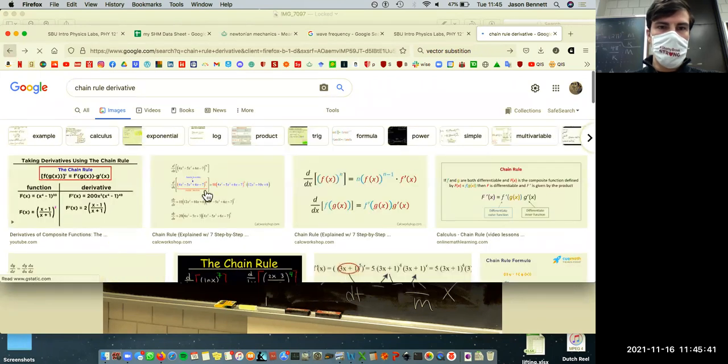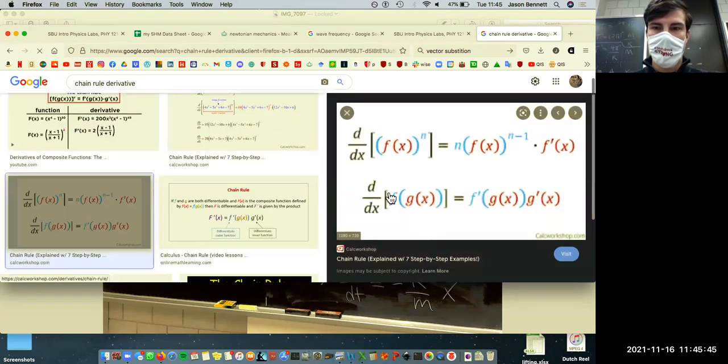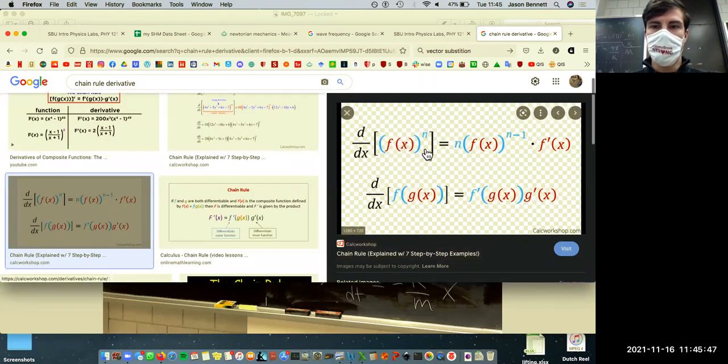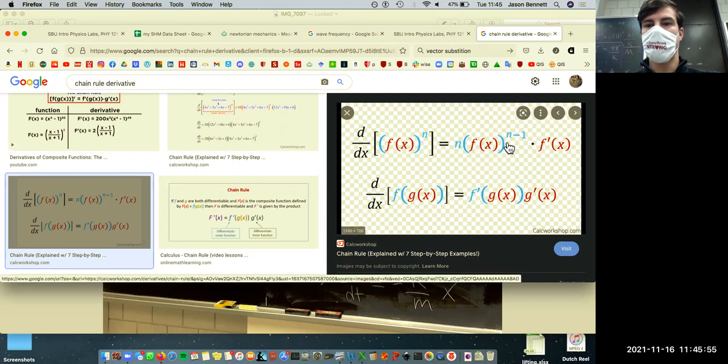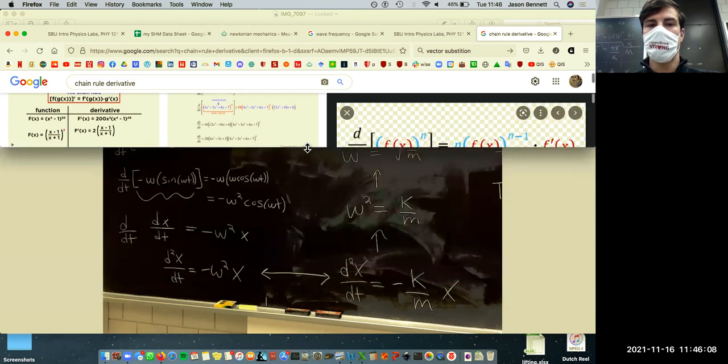It tells me that if there's some function like this, what I do first is treat the whole thing as if it's just x to the n. So this is how I would treat x to the n. I would bring the n down and subtract one, but then I take the derivative of what's on the inside.